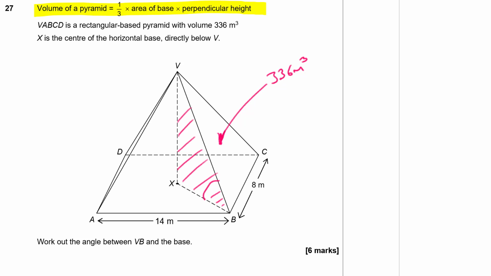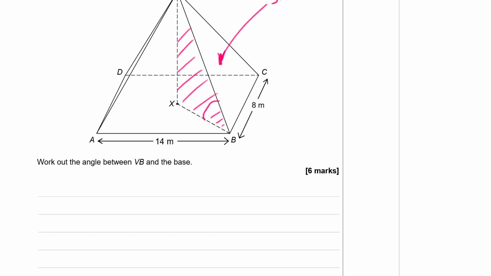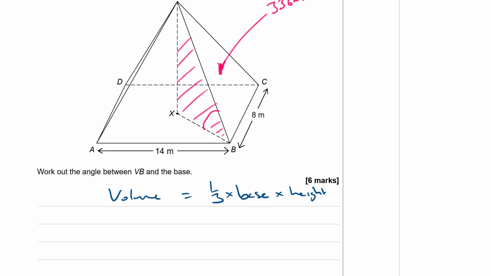Let's start off with the volume of the pyramid. So volume equals 1/3 of the base times the height. So in this case, the volume was 336 equals 1/3 times the area of the base, which is a rectangle, 14 times 8, times the height, which we don't know.